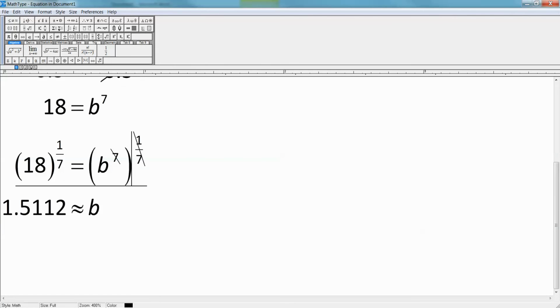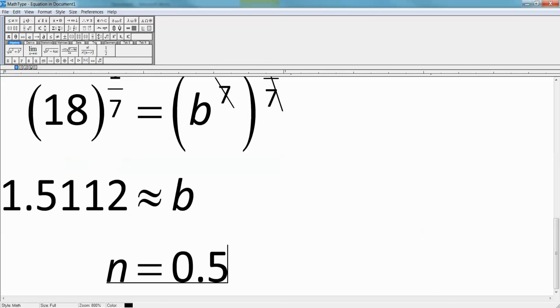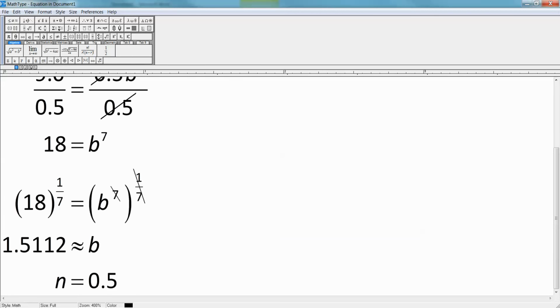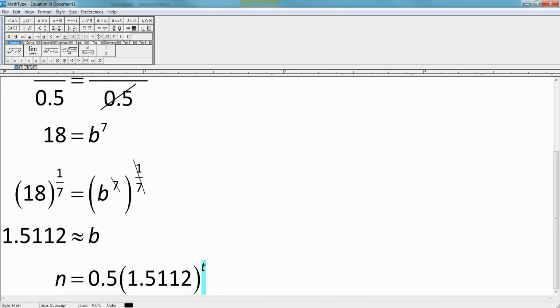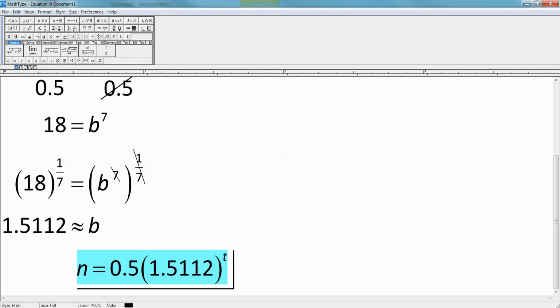Okay, so now that we know this is 1.5112, we now know our equation, which is n, the number of key logging programs, is equal to 0.5 times 1.5112 to the t. Now, none of this is our actual answer. None of it, right? This was just us fiddling around and trying to find some results here.